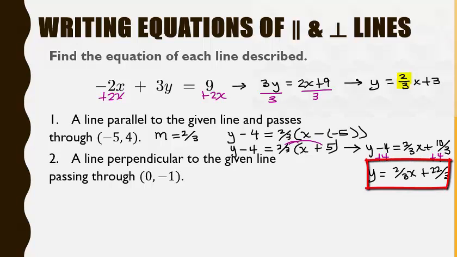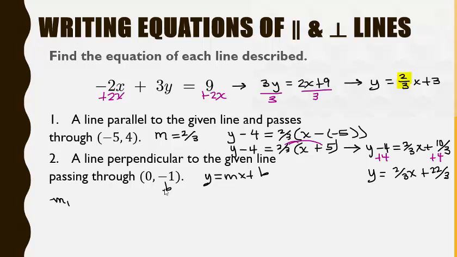And lastly, we want to write an equation of a line perpendicular to the given line, passing through the point (0, -1). This is the y-intercept, or b, in slope-intercept form, y equals mx plus b. So we've got to decide what our slope is if the given line has a slope of 2/3.